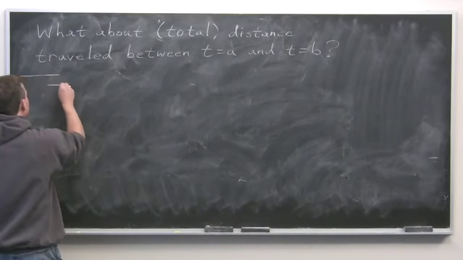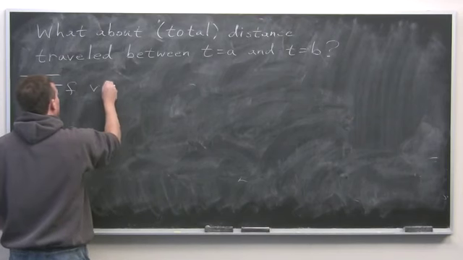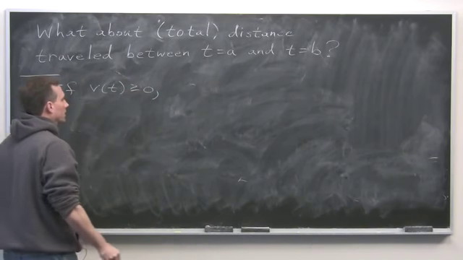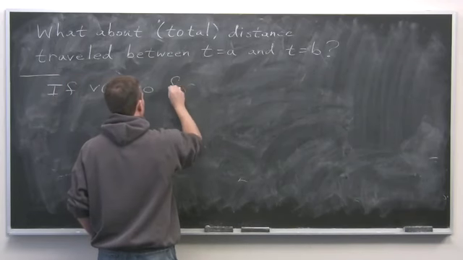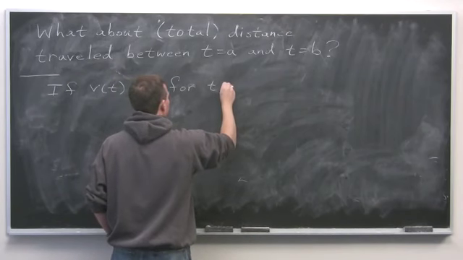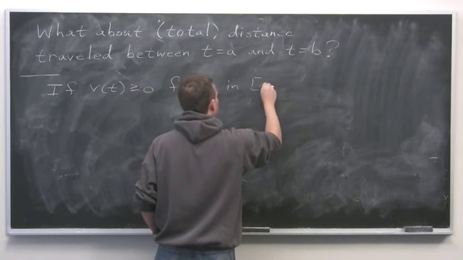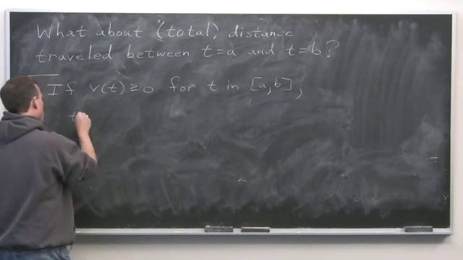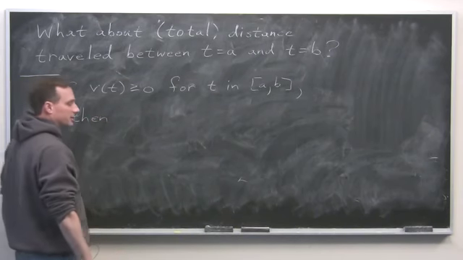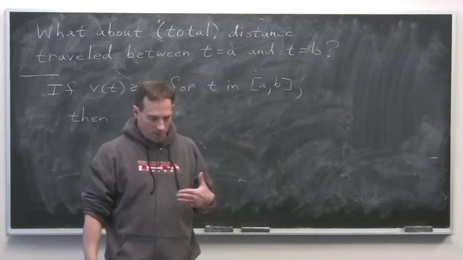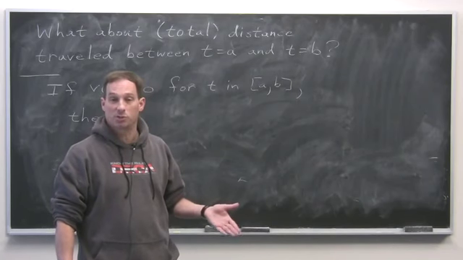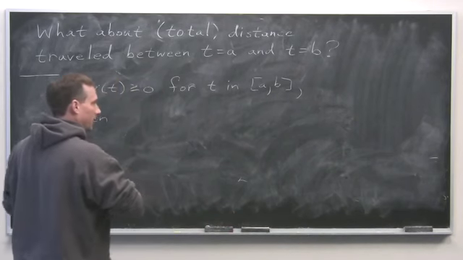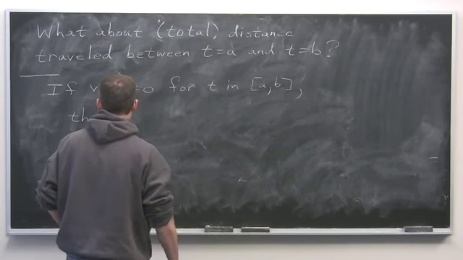So if we knew that the velocity were positive for t in the interval from a to b, then if your velocity is always positive, your displacement would be the distance traveled, because you just keep heading in the positive direction on your axis.